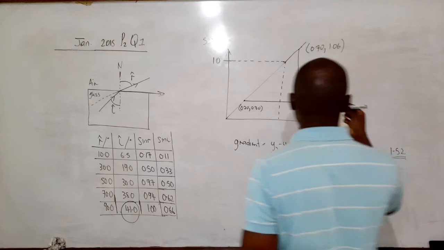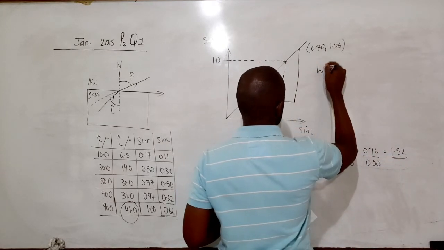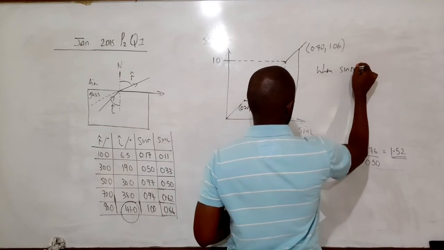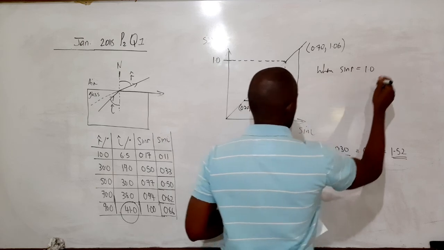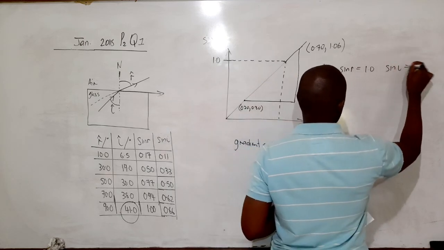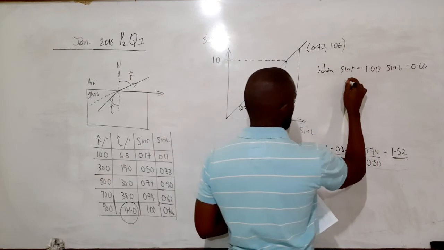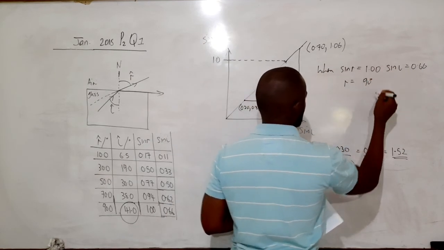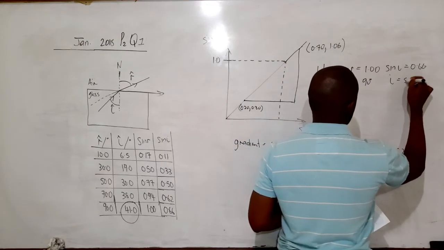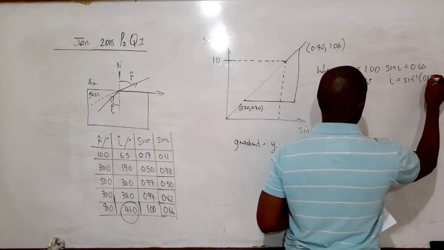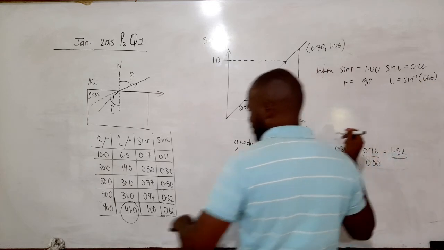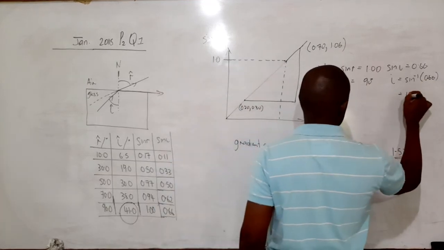So when sine R equals 1.0, sine I equals 0.66, right? So therefore, this means that R is equal to 90 degrees, and so I will be equal to the sine inverse of 0.66, and of course, this will give us 41 degrees, right?